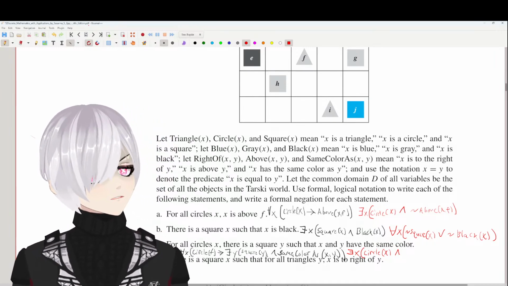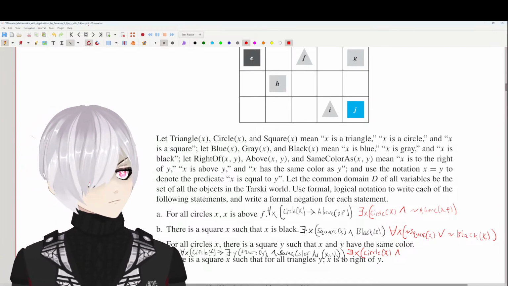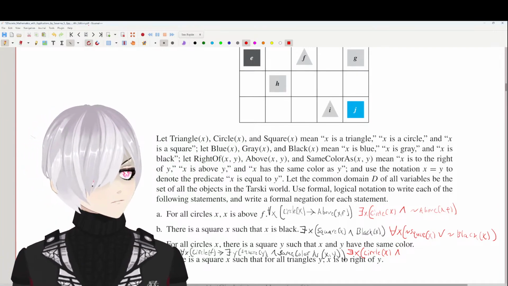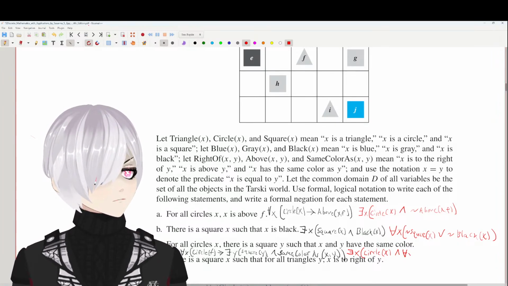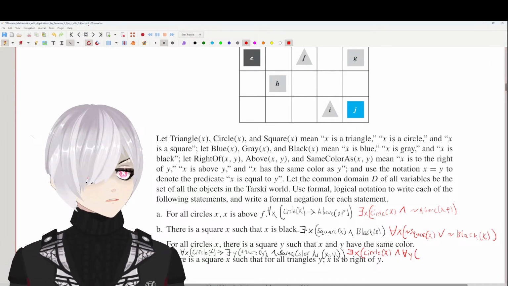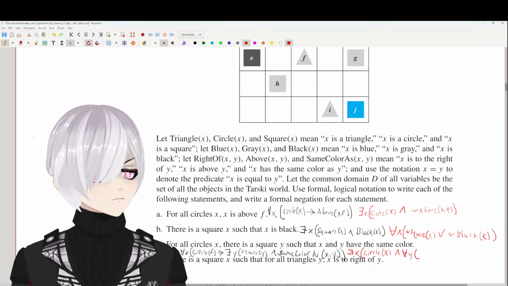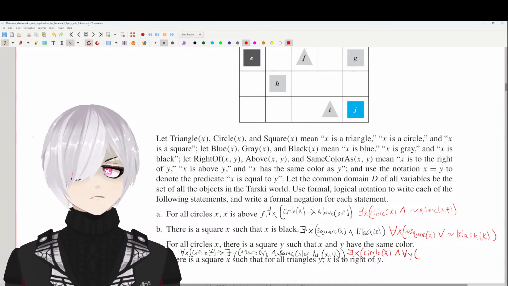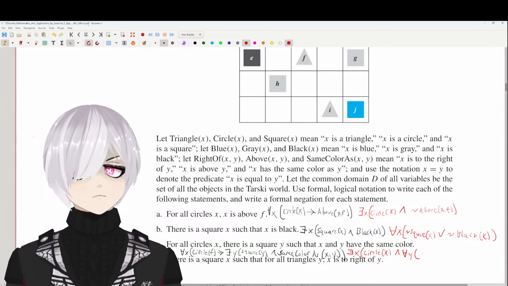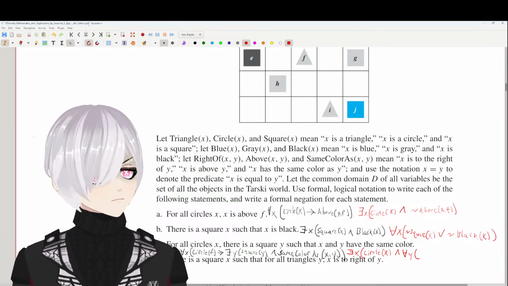So we would negate the conclusion, which happens to be an existential quantifier. Negating that would turn it into a universal quantifier, and its scope would be negated. So the negation of this and statement is negating each of the components and changing the and to an or statement.